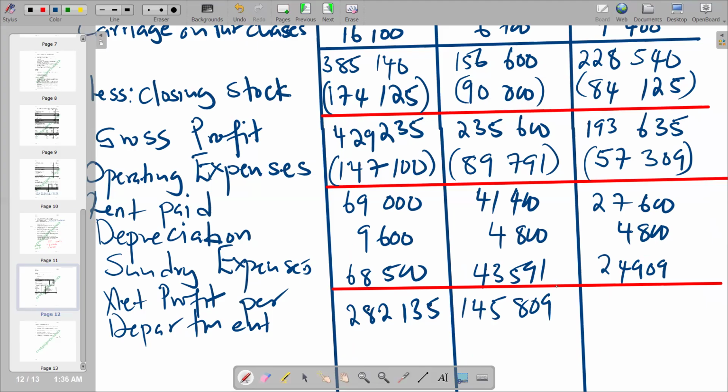So we do the same thing for the last column, whereby you say 193,635 minus 57,309. We get 136,326.